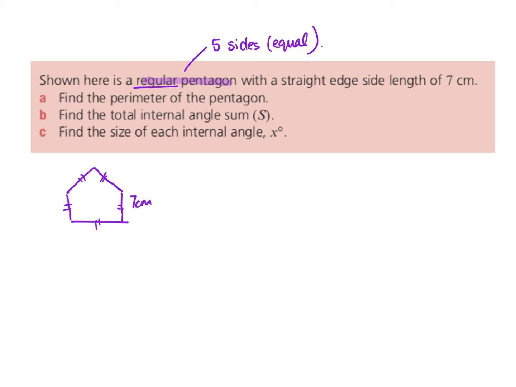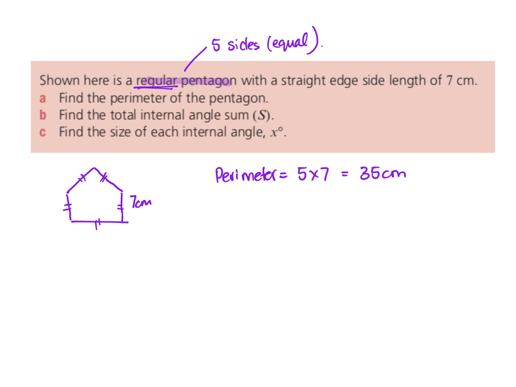So the perimeter is when you add up all the sides. So the perimeter is going to be 5 times 7, which equals 35 centimeters. Yes? So perimeter means you just add all the sides. If it's saying it's regular, then there's 5 sides of 7 centimeters.